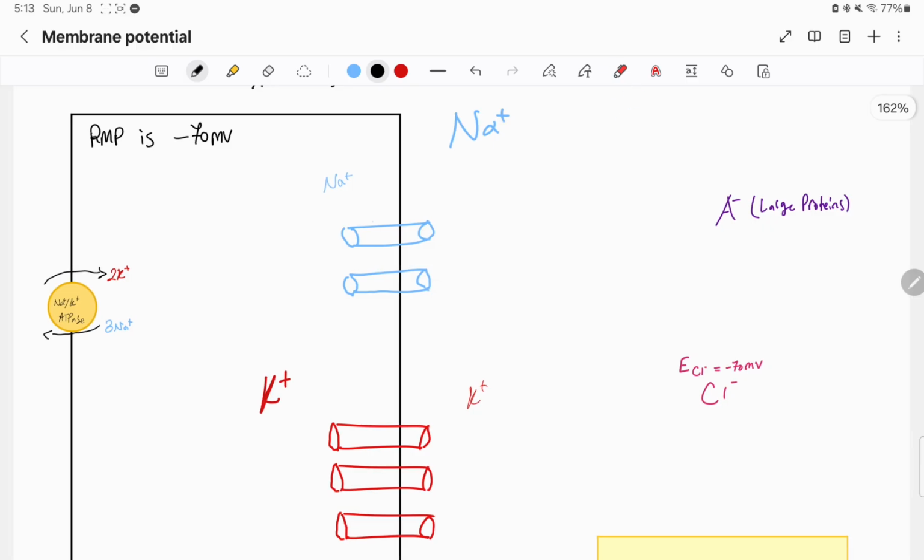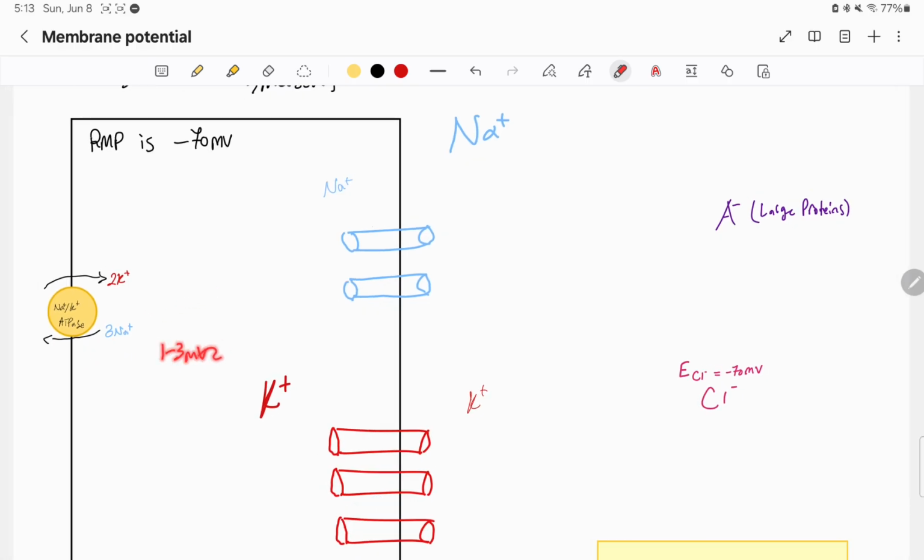Well, what did we say our resting membrane potential is? We said it's negative 70. So this guy right here is making the cell negative. By how much, you might ask? I won't even write it because it's not worth it. But the sodium potassium ATPase generates a membrane potential of around 1 to 3 millivolts.